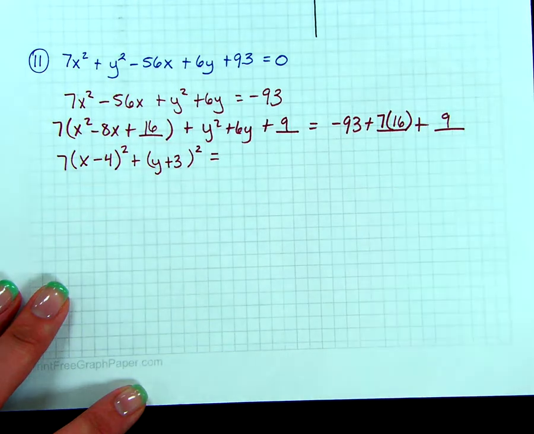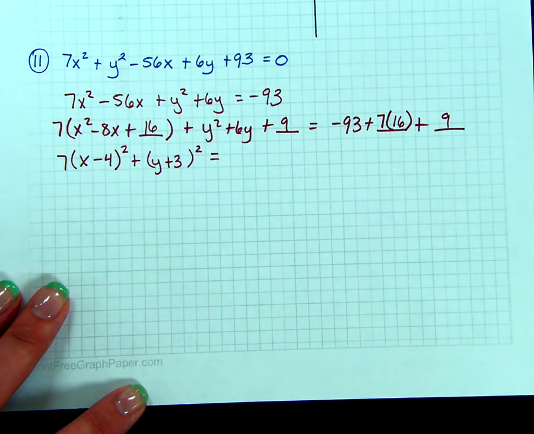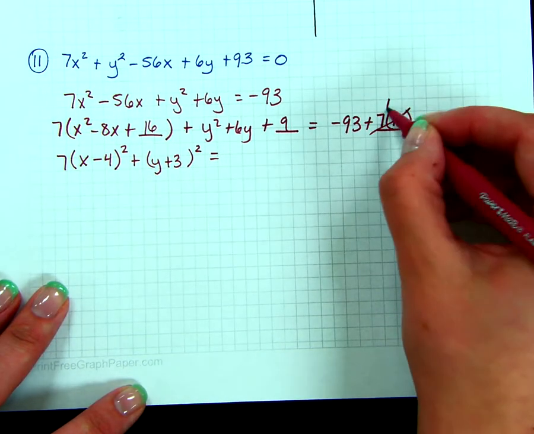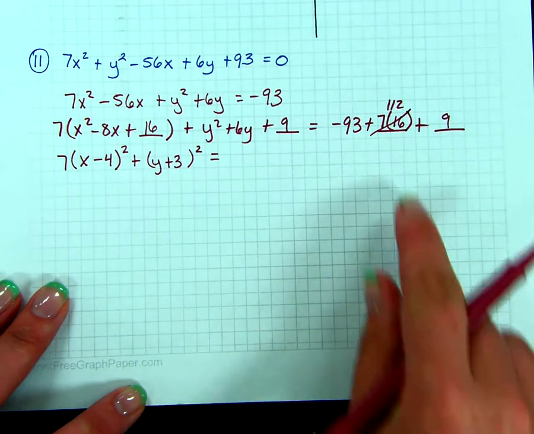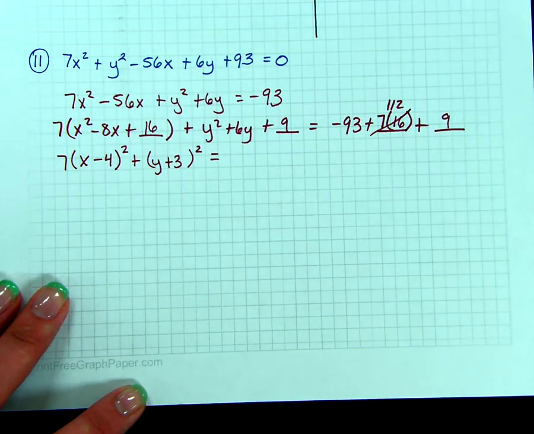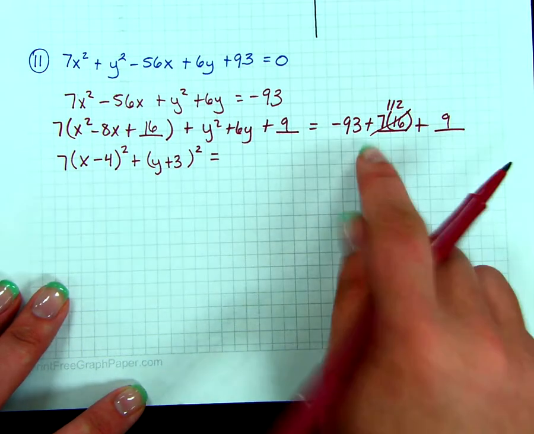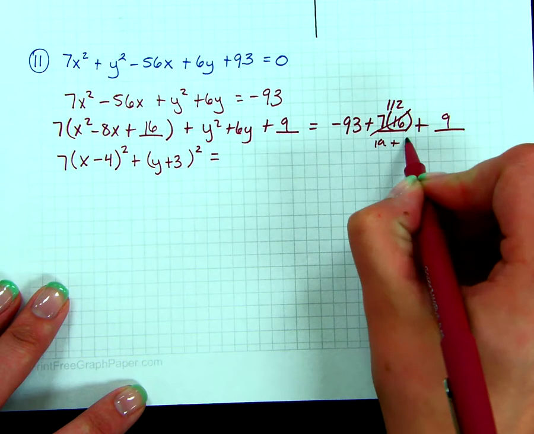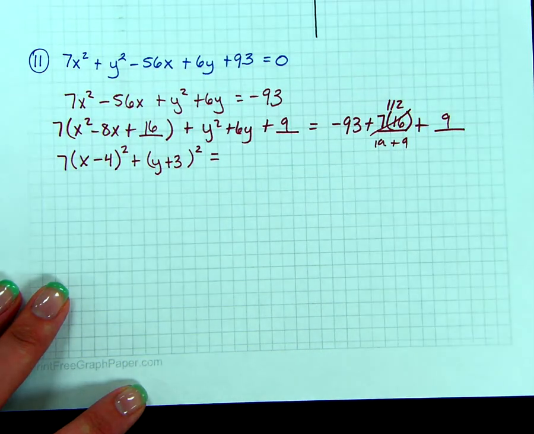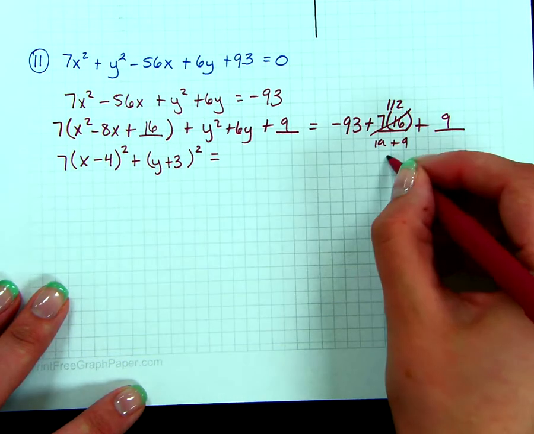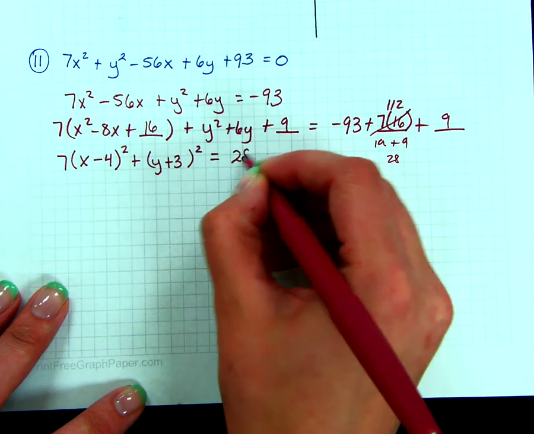Okay, so again, we're just combining. So 7 times 16, so this will be 112. So if we subtract 93, this will be 19, and then plus 9 will be 28. So this will be equal to 28.